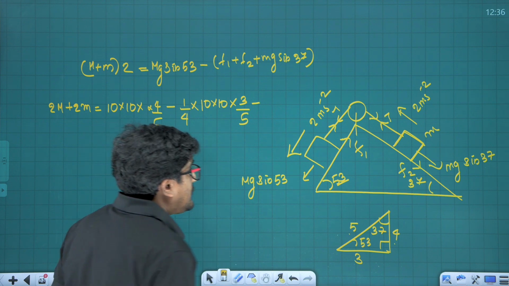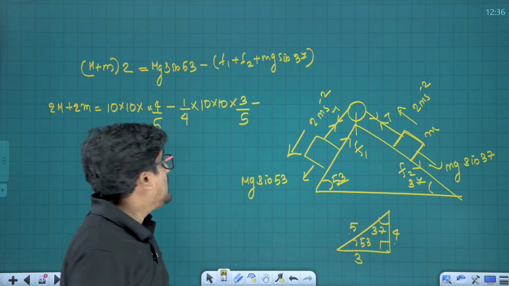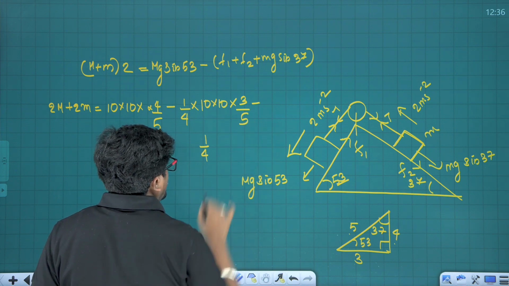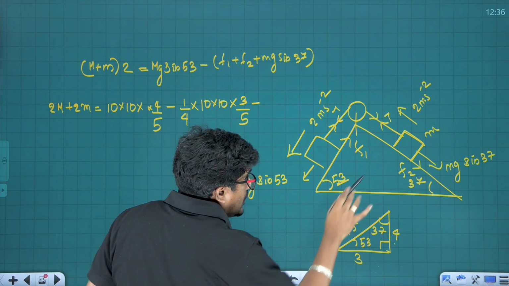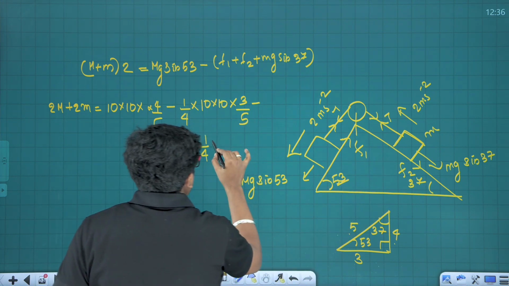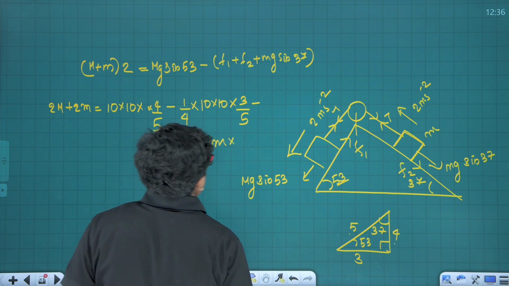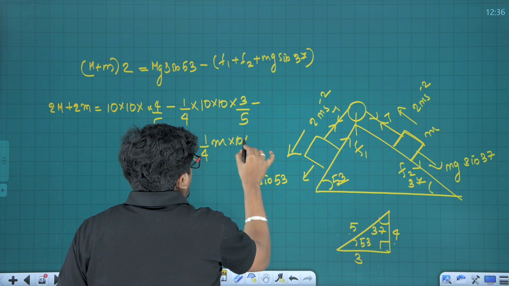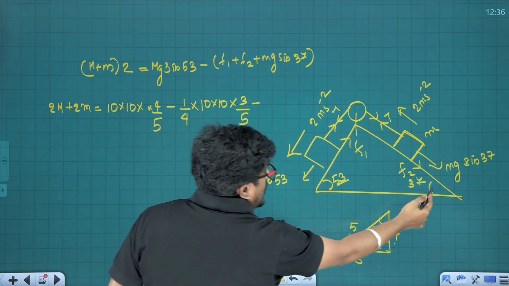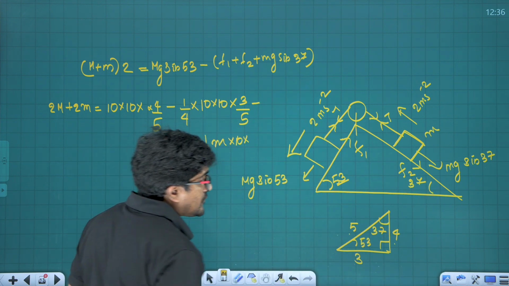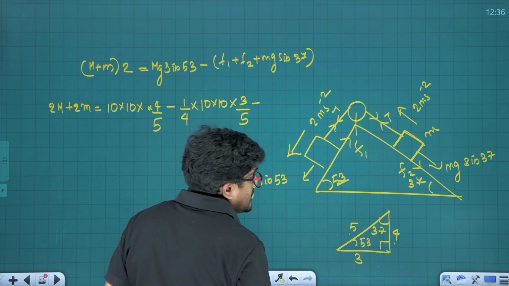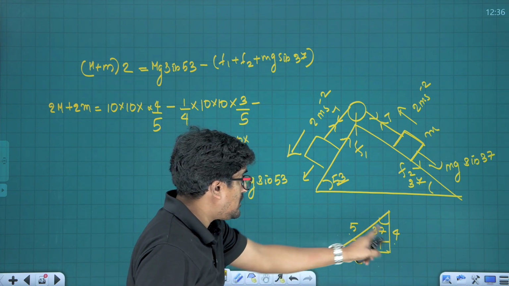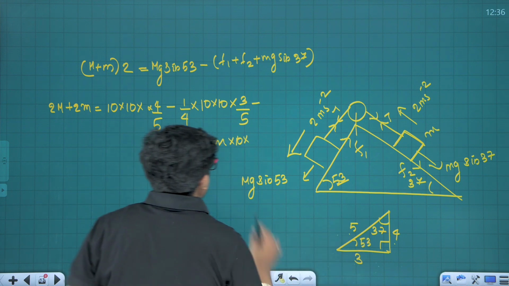So 3 by 5 here minus of F2. What about F2? F2 is the friction offered by this. There also it's going to be 1 by 4, writing it here, minus of 1 by 4 into mass, that is M, that we need to find out, into G, that is 10, into cos of 37. Cos of 37 is supposed to be 4 by 5, base by hypotenuse.